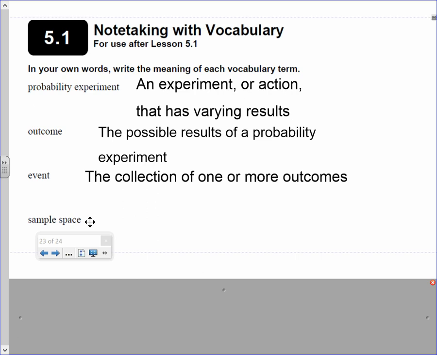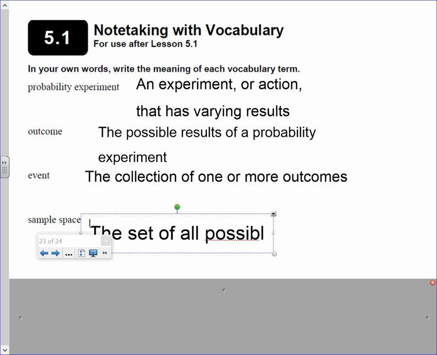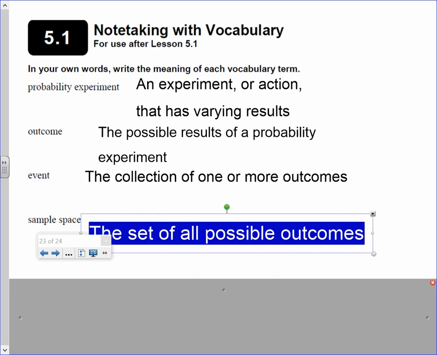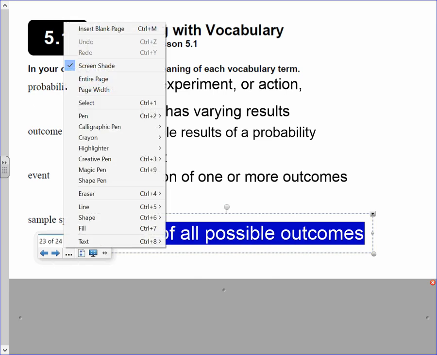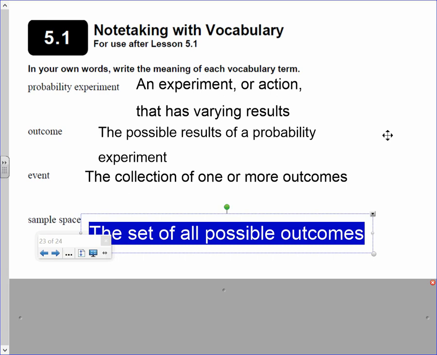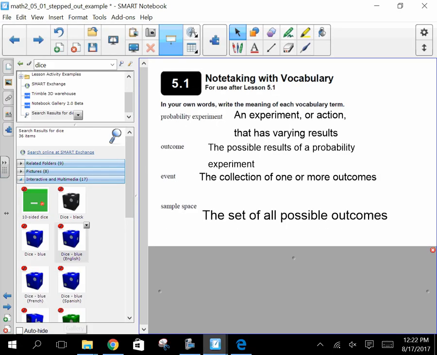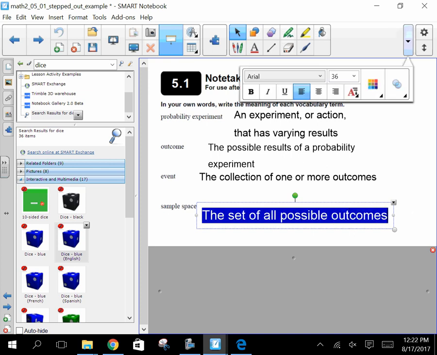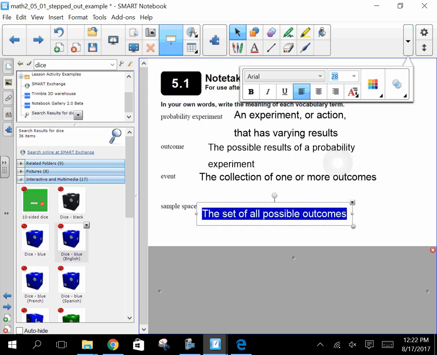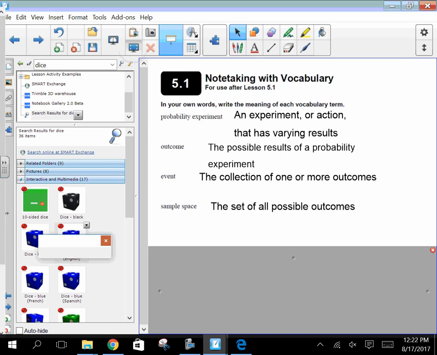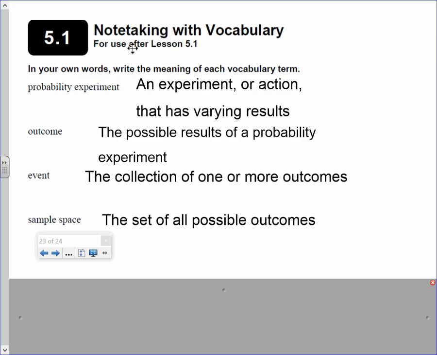The sample space is the set of all possible outcomes. The set of all possible outcomes.